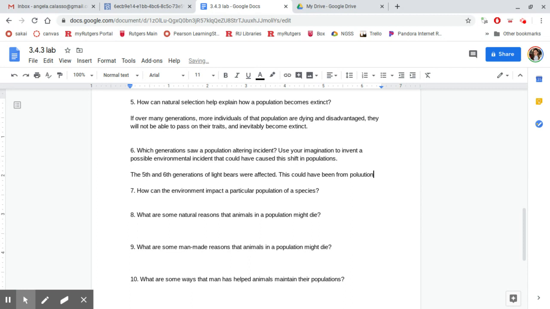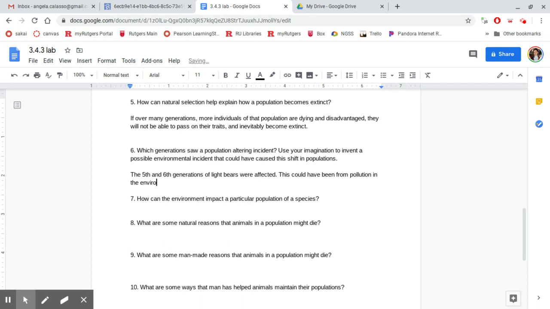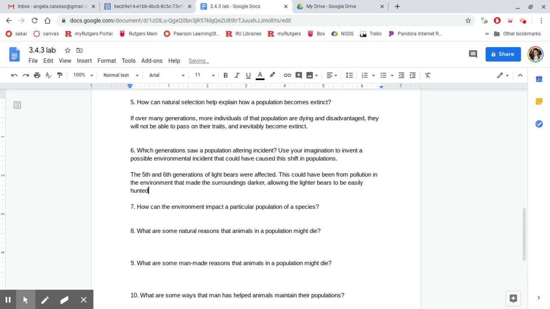So we could say it could have been from pollution in the environment that made the surroundings darker, allowing the lighter bears to be easily hunted, causing a decrease in population.